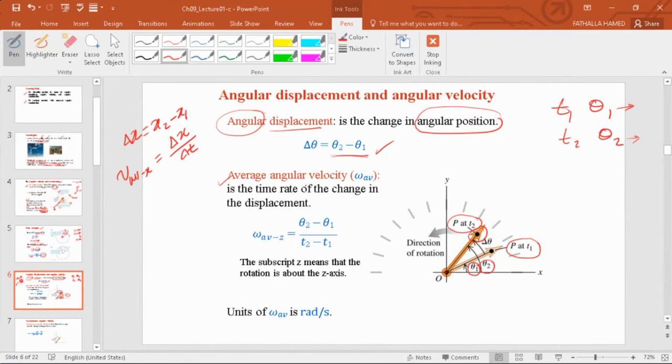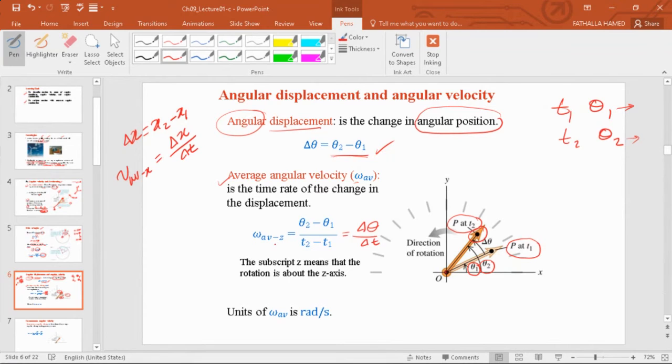So here we're going to define angular velocity, and we're going to use the symbol omega. So we say omega_avg should equal delta theta by delta t. Of course, it is theta 2 minus theta 1 over t2 minus t1.